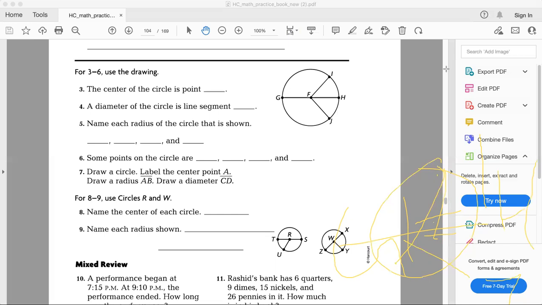Yes, number 7, semi number. Ma'am, this is A, this is AB, and this is CD. Very good. Excellent.